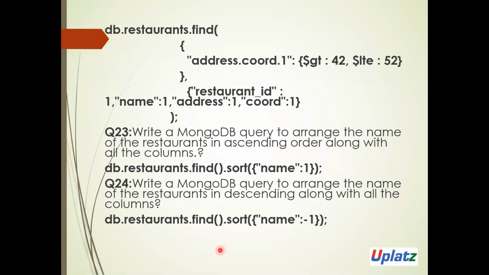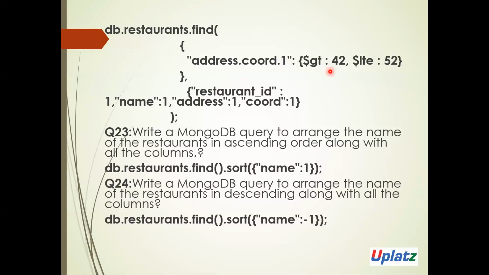They have mentioned index as 1, so for those particular values I need this particular field, so I have set the field to 1. Up to 52 means less than or equal to 52 but greater than 42, which is 43 to 52. Based on those values, I need only these particular fields to get displayed.